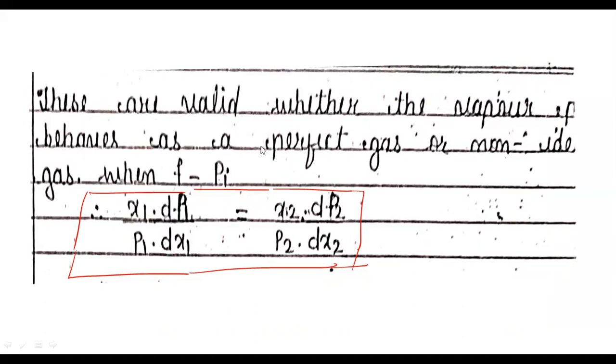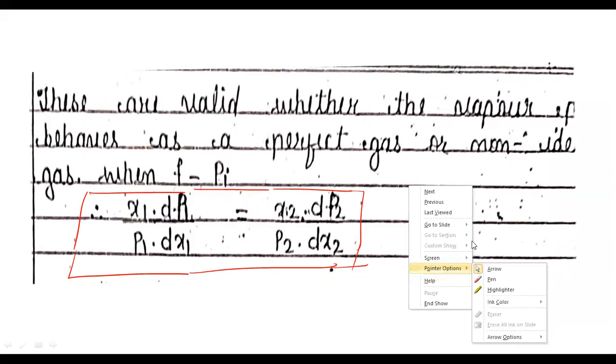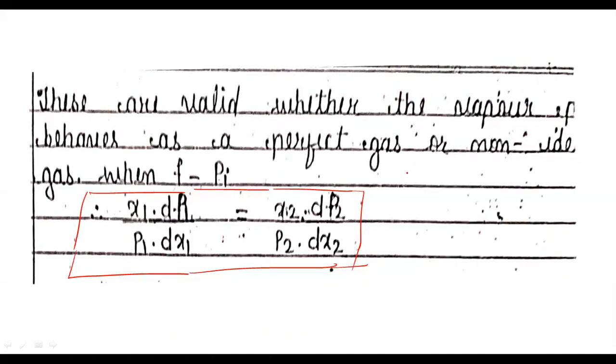For ideal gases, fugacity is equal to pressure, F equals P. Therefore, in place of fugacity dF1 we can write dP1, and in place of dF2 we write dP2, as fugacity is equal to pressure. So the equation is x1 dP1 upon P1 dx1 equal to x2 dP2 upon P2 dx2.